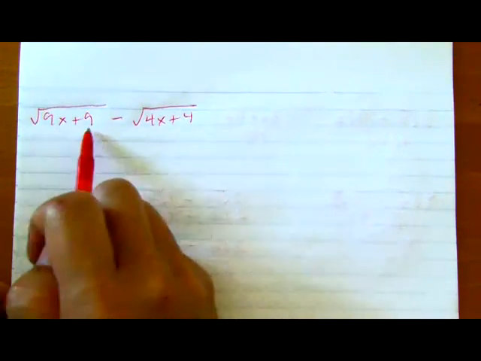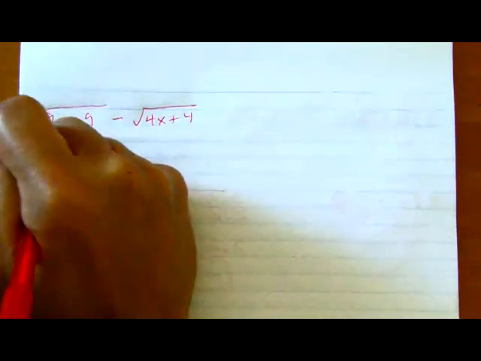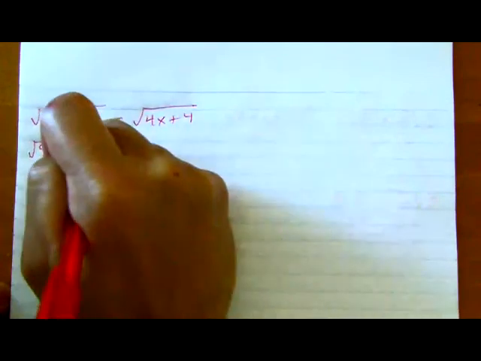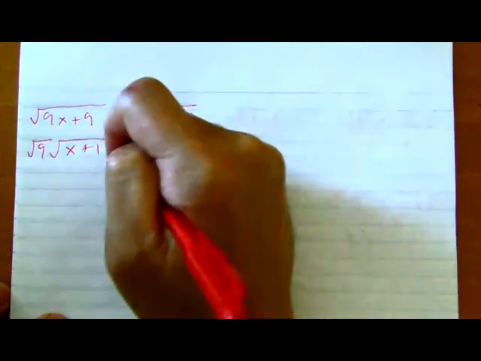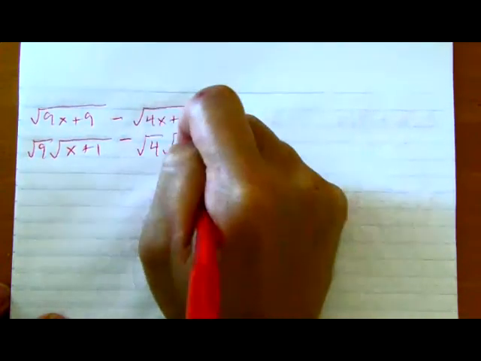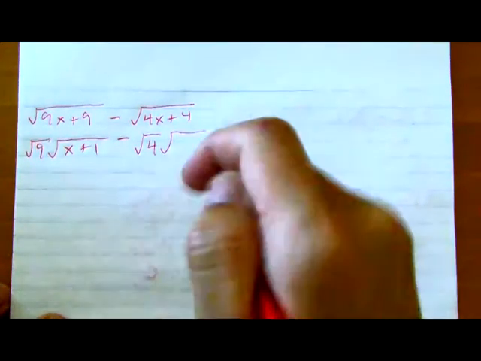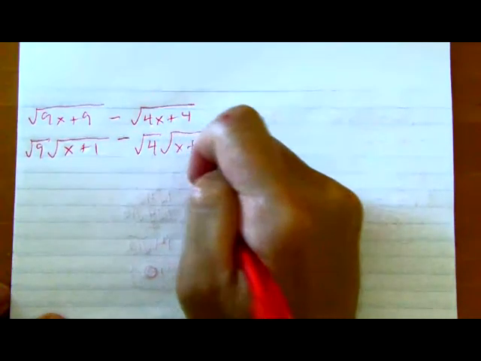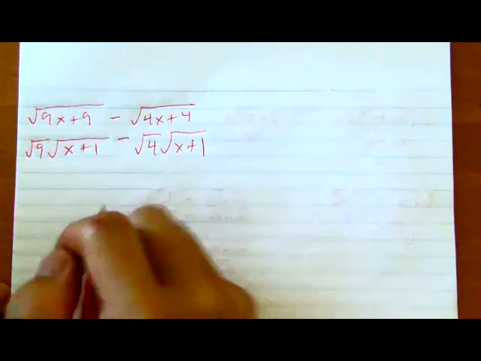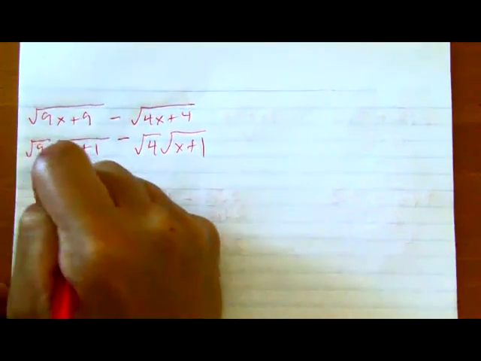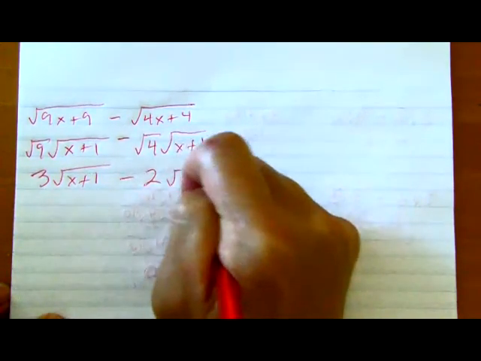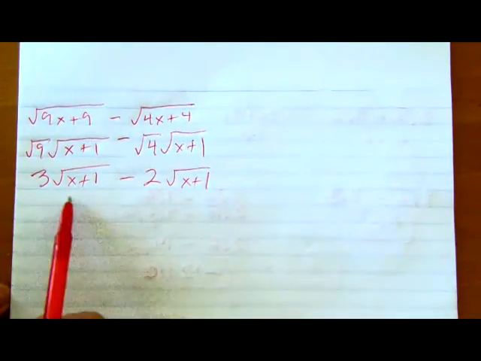This has a common factor of 9. If I factor out a 9, they'll leave me with x plus 1. For this radical, they have a 4 in common. If I factor out the 4, x plus 1. I can square root the 9 and the 4. 3 radical x plus 1 minus 2 radical x plus 1. Now we have like terms. The radicals match.